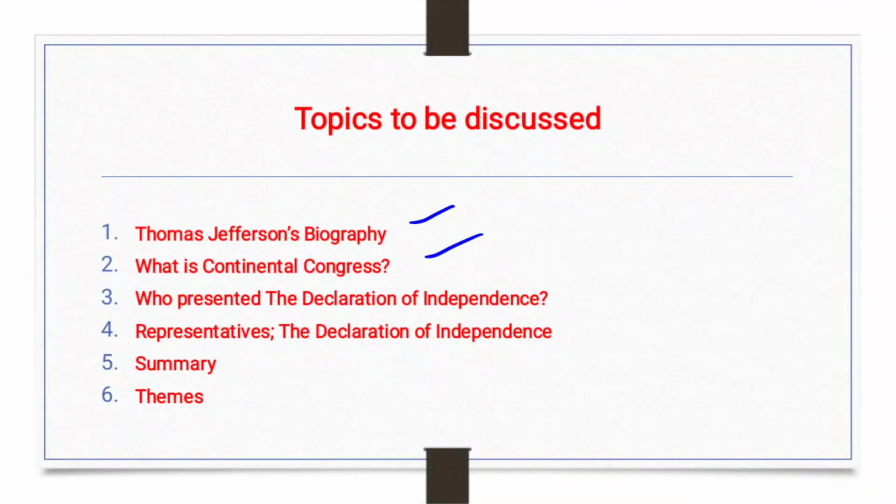The Congress issued a Declaration of Rights and Grievances, which outlined the colonists' objections to British policies. This was the first Continental Congress.